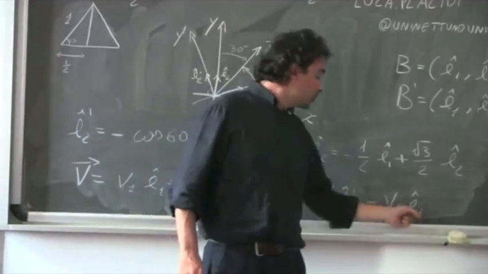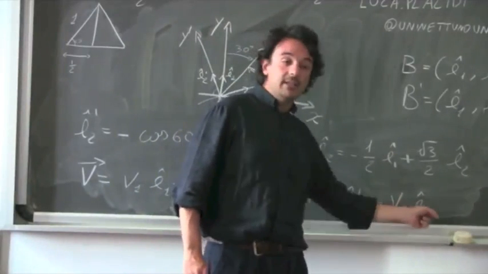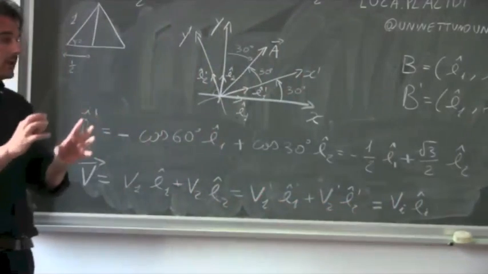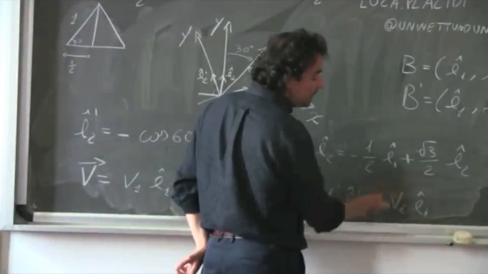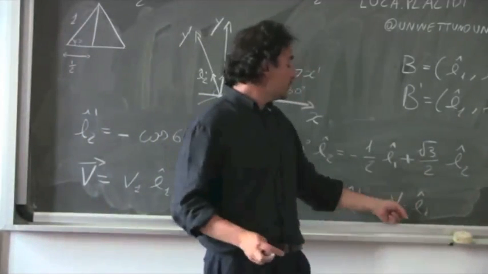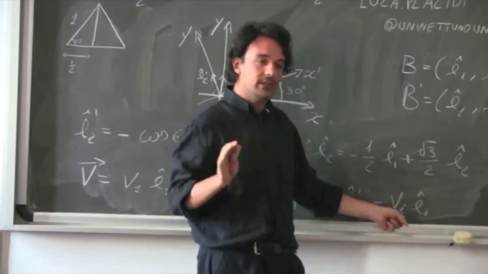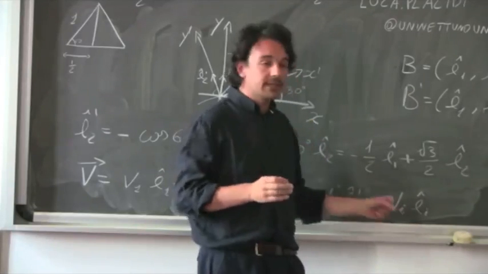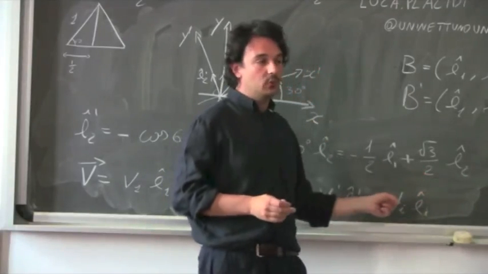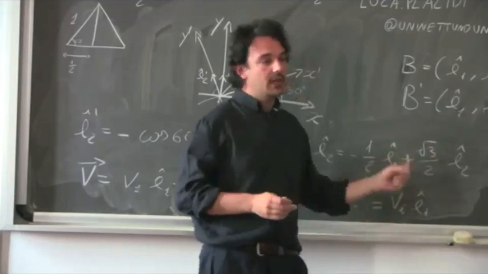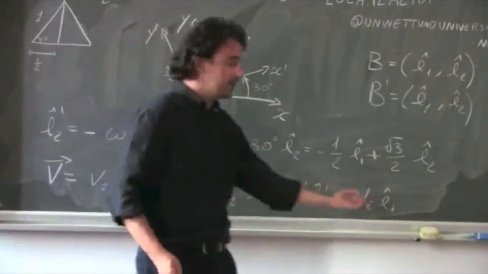When you see two repeated indexes in the same product, it means that you have to know what is the range of the index i. In this case, the range is 1 and 2, and then you calculate this with i equal to 1 plus the same with i equal to 2. So then you can arrive at this result. This is a shortcut.